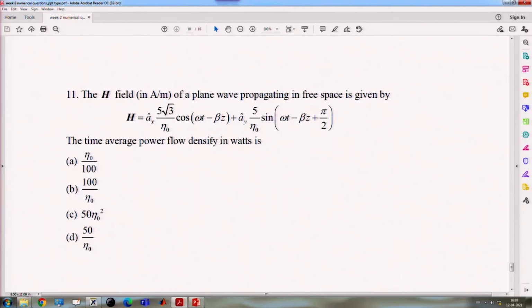In the next problem, the H field in ampere per meter of a plane wave propagating in free space is given by this. Find the time average power flow density in watt. So, here four options are given and you have to choose.